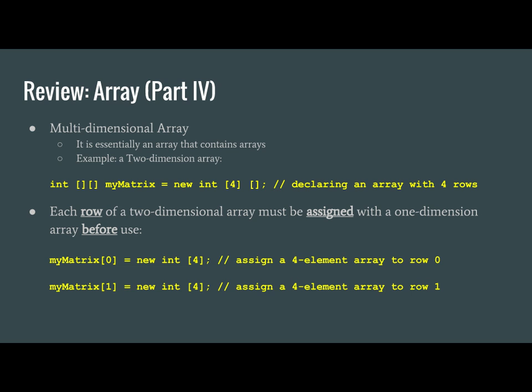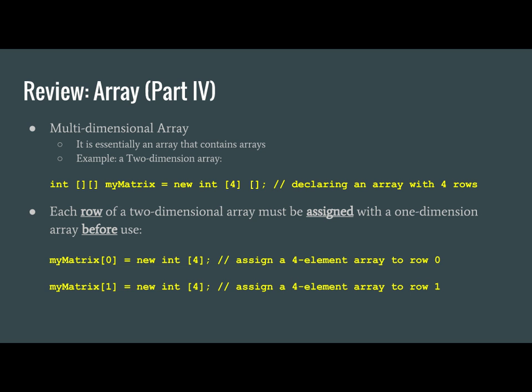So to declare a 2-dimensional array, you need a pair of square brackets, and you need to specify the first dimension, which is the number of rows, and then for each row, you need to do another set of assignment statements.